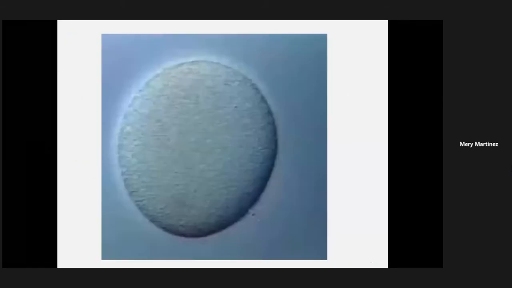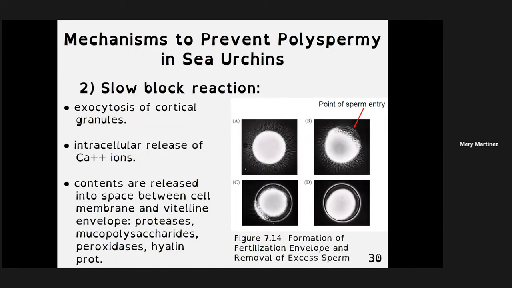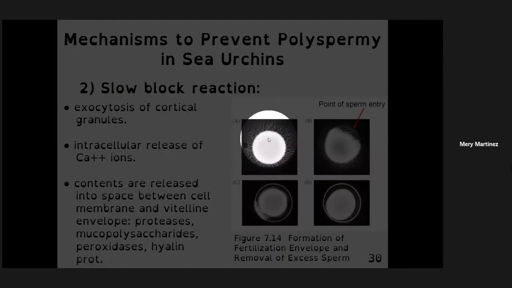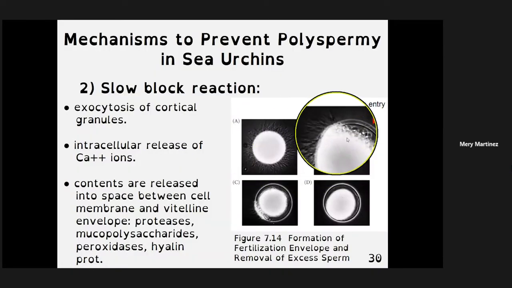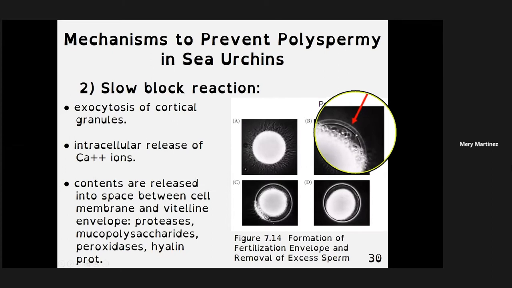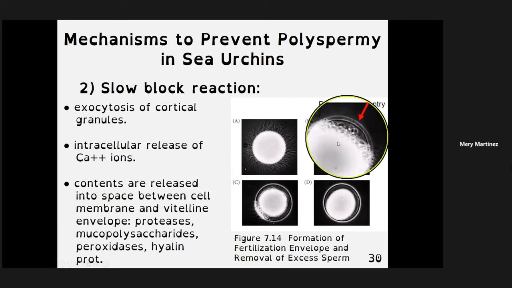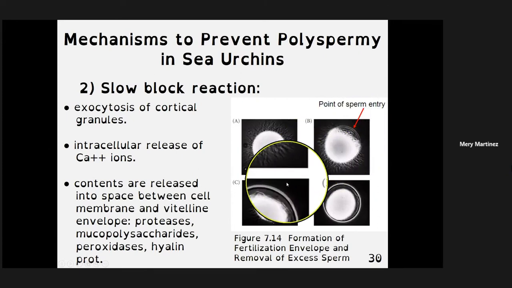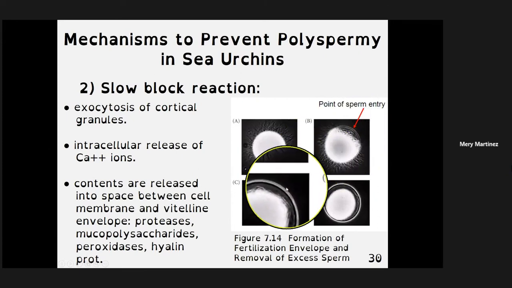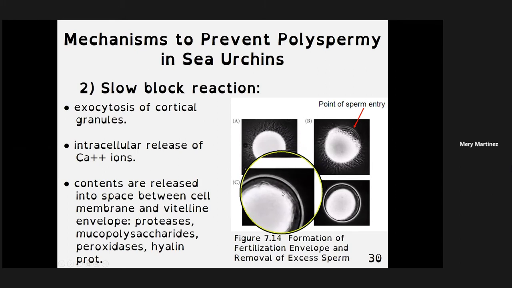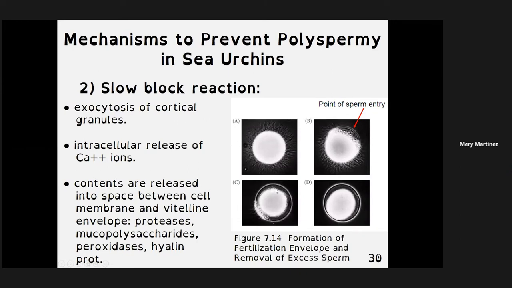I just wanted to change my pointer to illustrate. You see how here these spaces start being created between the cell membrane and the vitelline membrane. As we go into the next one, we see that that space becomes greater, right? Now it's from here to here. And that is because the water gets in between.